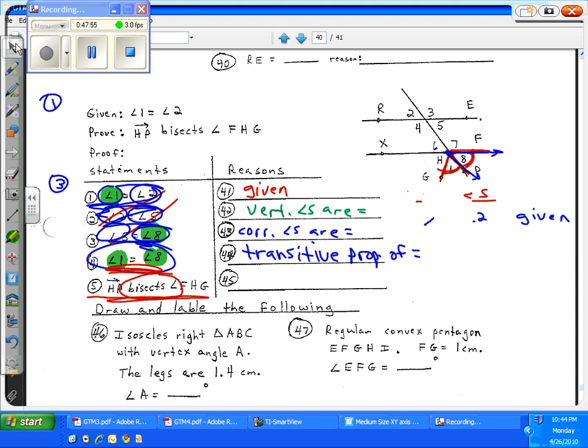Well, obviously it does, because the definition of an angle bisector says it's a ray that divides an angle into two equal angles. We have what we get out of it, the two equal angles, right here. The word angle bisector, there's the word, there's what we get out of it, and so we say definition of an angle bisector.